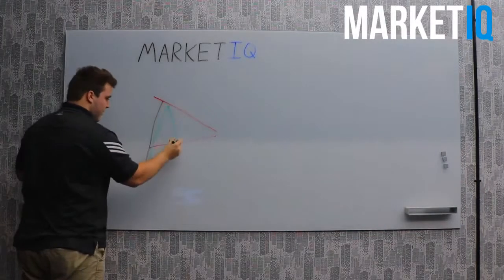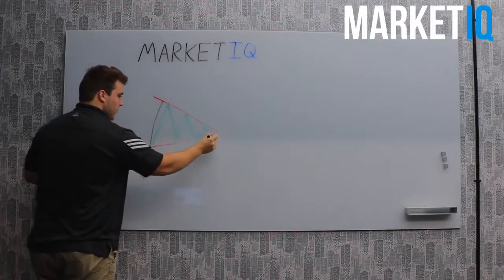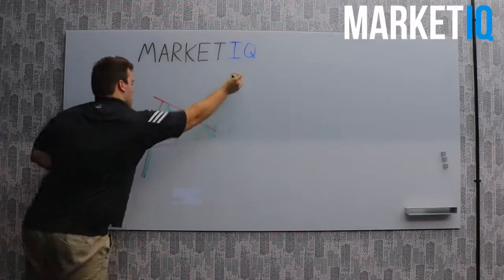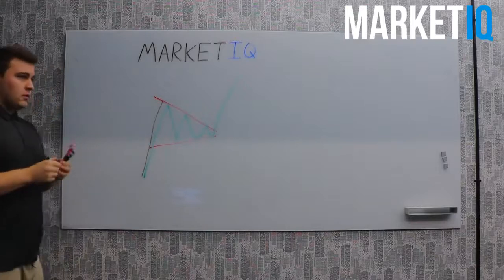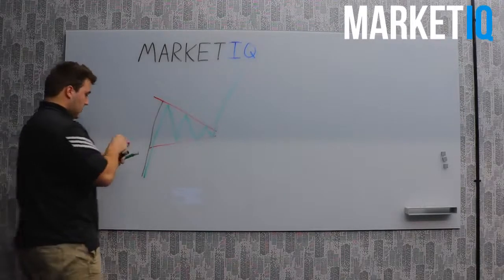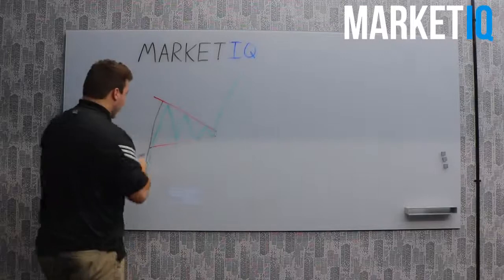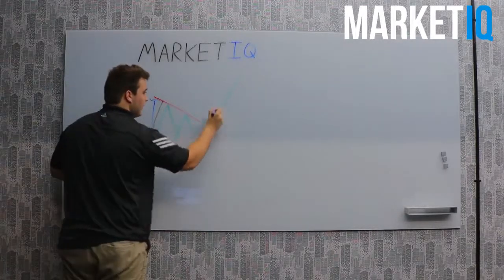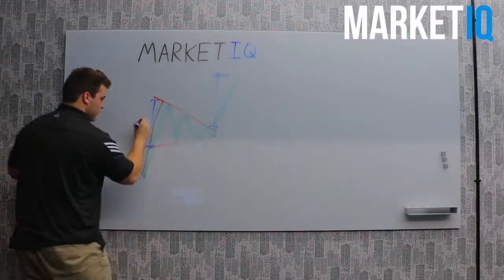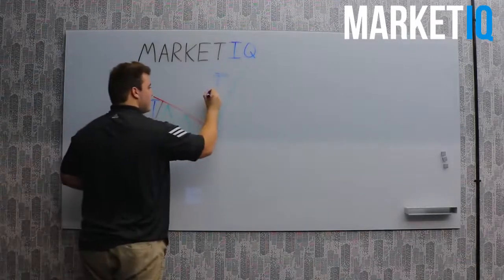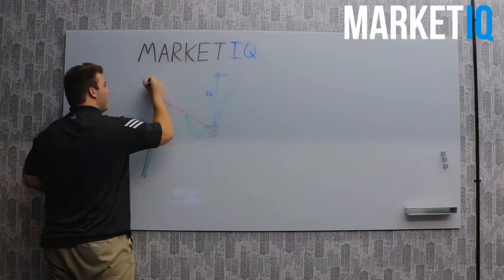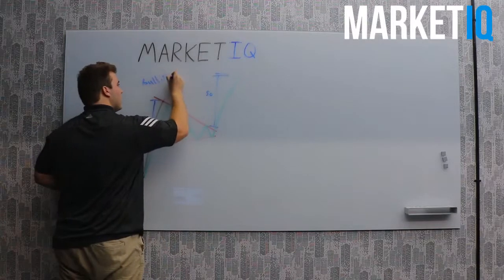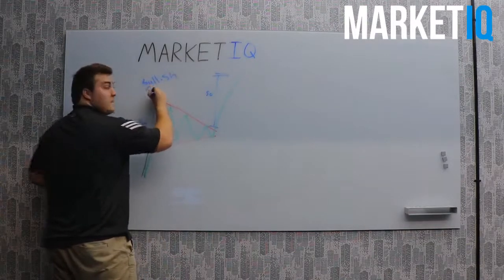And it's just like the flag. Bang. So, just like the flags, all we have to do is take this, put it here, 50 pips. This is a bullish pennant.